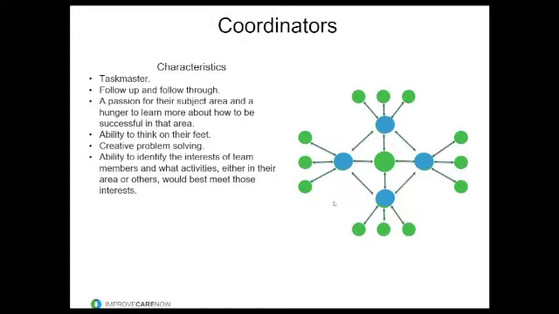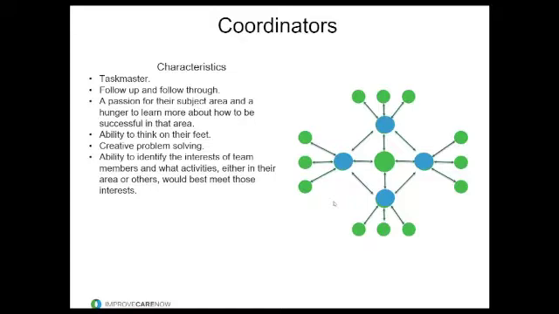They have a passion for their subject area and a hunger to learn more. They can think on their feet and creatively problem solve. And they have the ability to identify interests of team members and what activities fit with those interests, and enough knowledge of the team generally to say, hey, it sounds like you're really interested in this other area. Let me connect you with the person who's coordinating that.